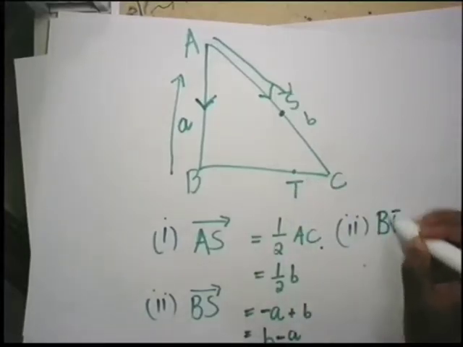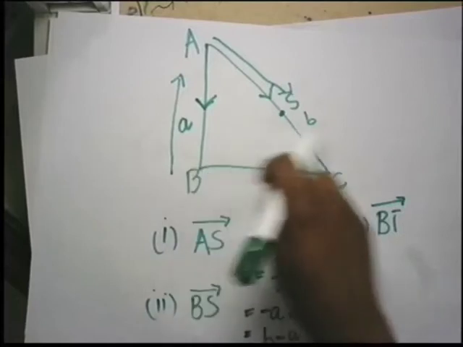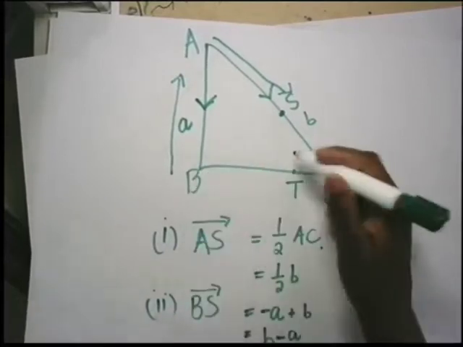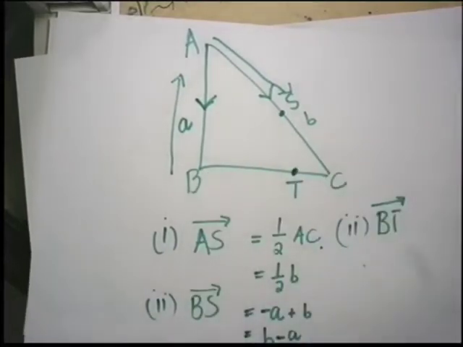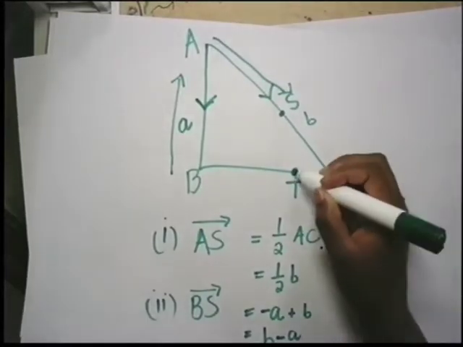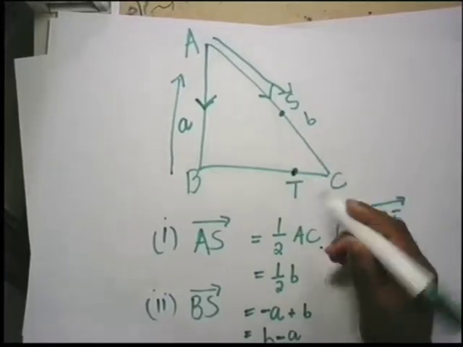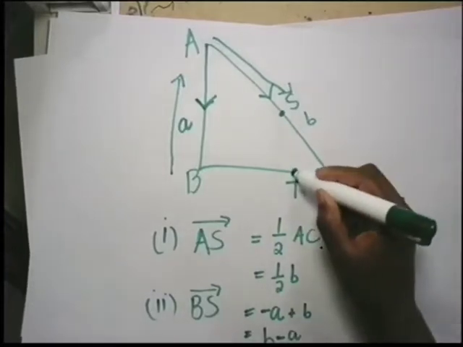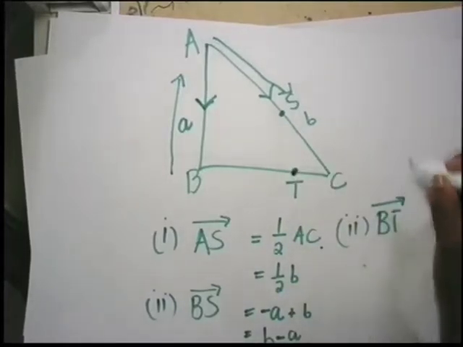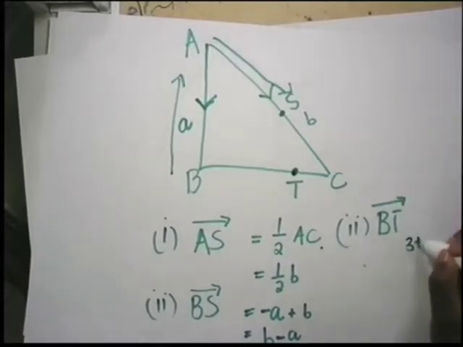BT, the vector BT, how can we work out this one, this part? So only up to here. Remember, you are told that this point is in the ratio 3 to 2. Now this 3 to 2, you add the ratios together, 3 plus 2, which will give us 5.